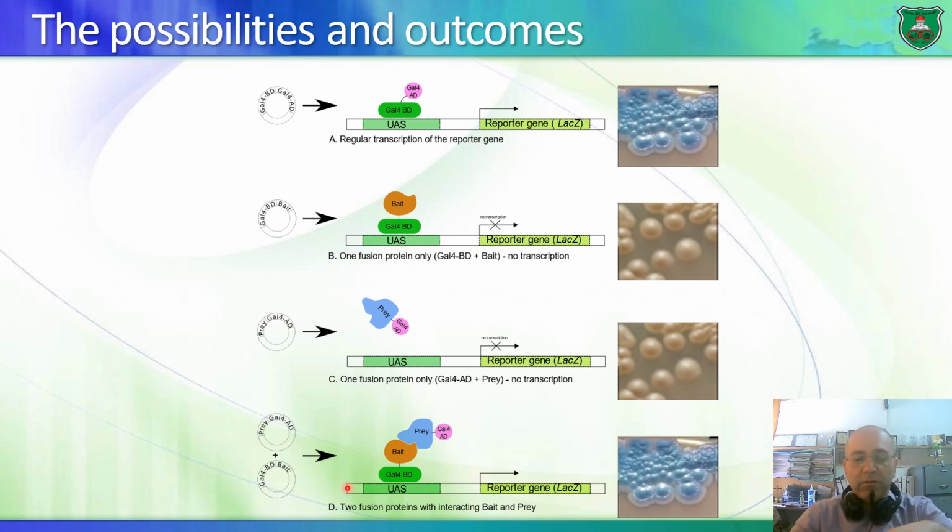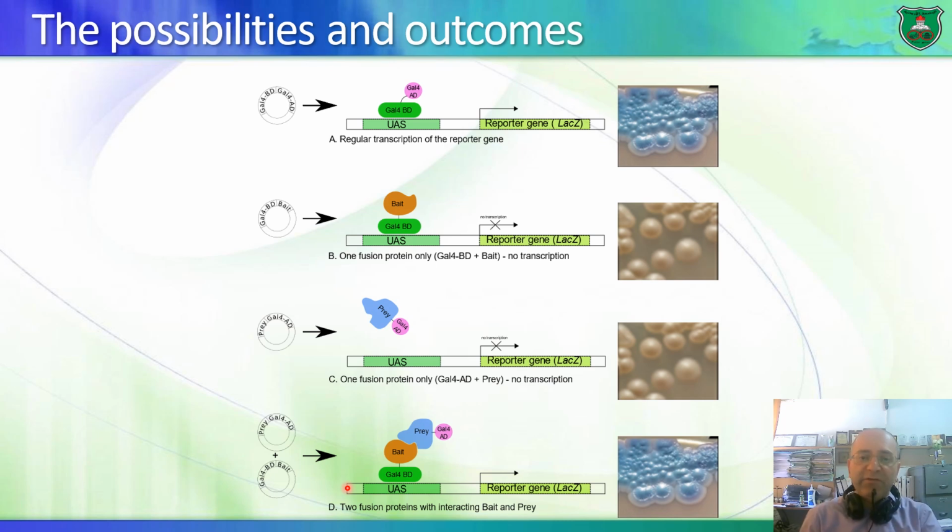So it's all random, by the way. What we do is we add the plasmid having the X, it goes into all yeast cells, and we select for these yeast cells using antibiotics, for example, just like in bacteria. And then we take a DNA library. So we have different plasmids, each one of them having a different Y gene. We add them to yeast cells, and each yeast cell would take up one of those plasmids.